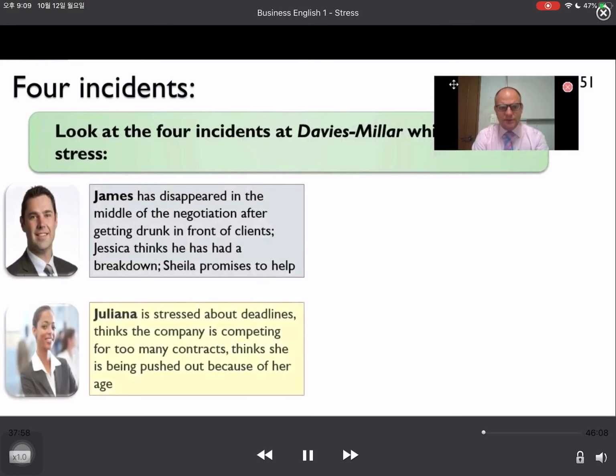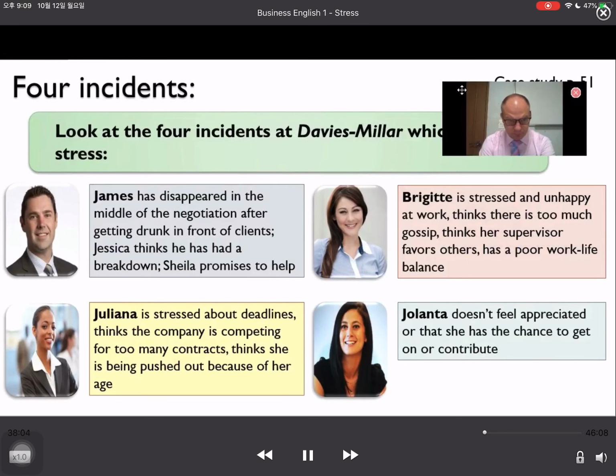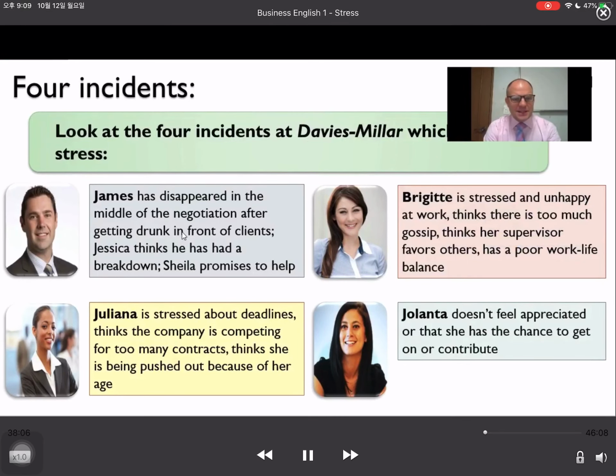Okay, so it gives you 4 incidents of things that have happened at Davis Miller as a result of stress. James has disappeared in the middle of negotiations after getting drunk in front of clients. Jessica thinks he has had a breakdown. They've promised to help him. So that's just one example.